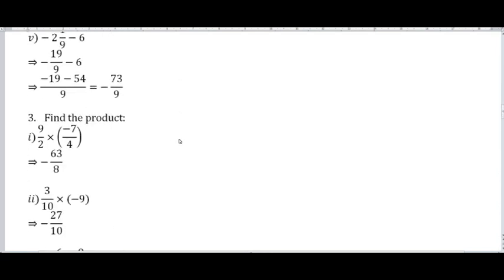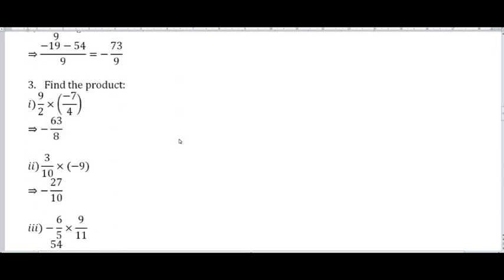We'll go to question number 3, that will be the multiplication of rational numbers. Rational number multiplication is quite easy, it is easier than addition and subtraction. Why? In question number 1, 9 by 2 into minus 7 by 4. Here in multiplication, the numerators have to be multiplied, and separately the denominators have to be multiplied.